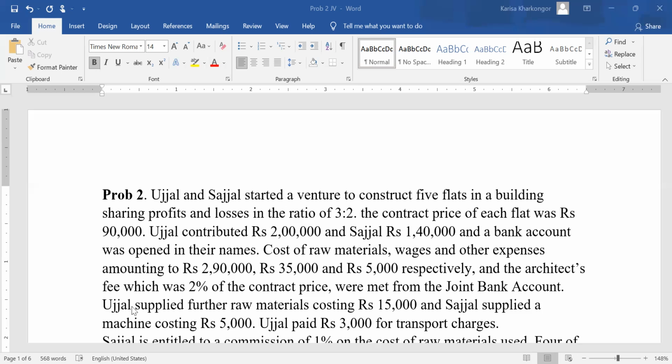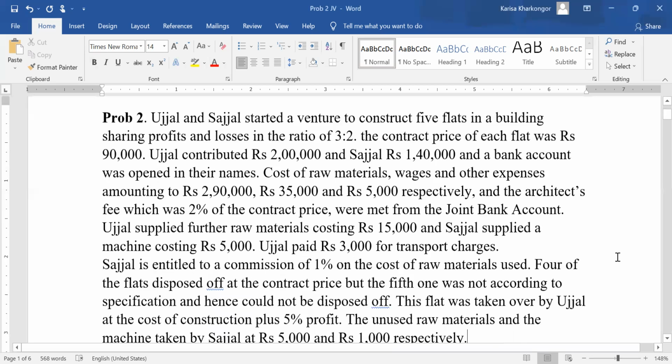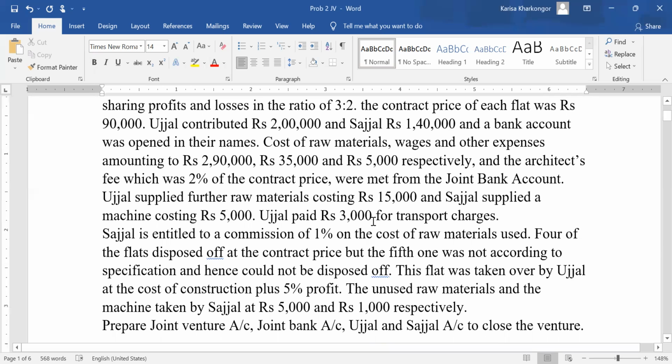Other expenses also include raw materials supplied by Ujjwal costing rupees 15,000. And Sajal supplied a machine costing rupees 5,000. Other expenses paid by Ujjwal also include transport charges rupees 3,000. So we have expenses out of the joint bank, expenses paid by Ujjwal, and also the machine supplied by Sajal.